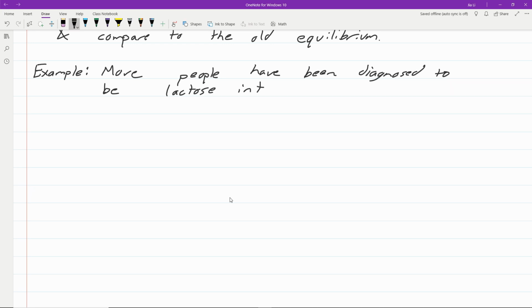That is, they have difficulty digesting dairy products.